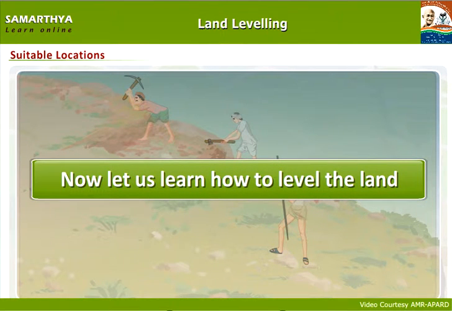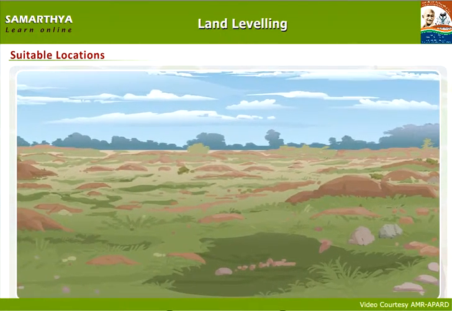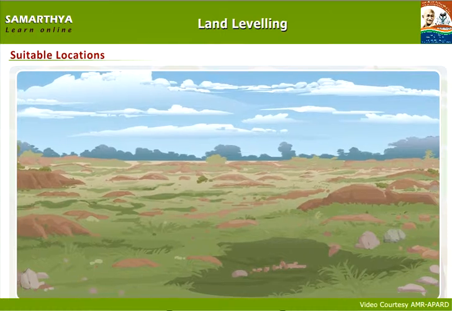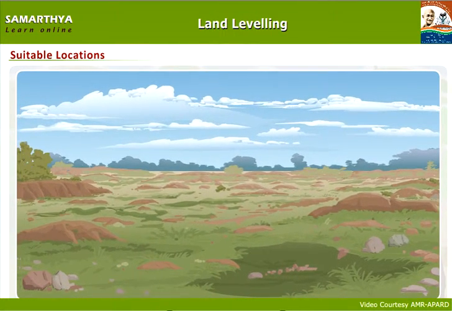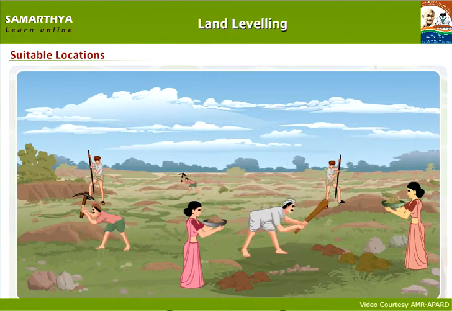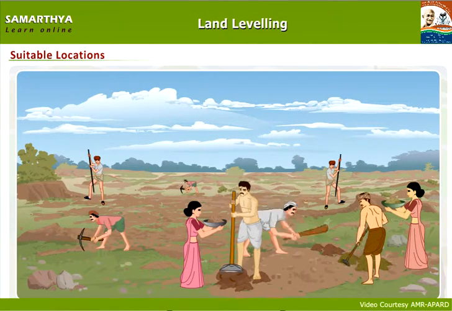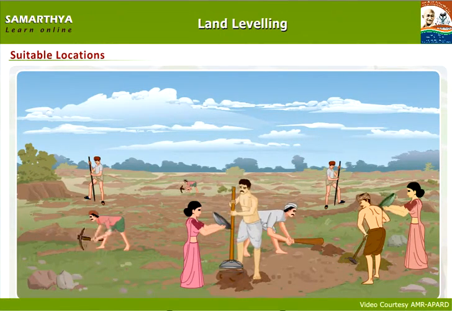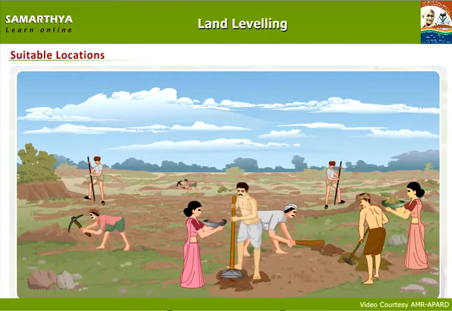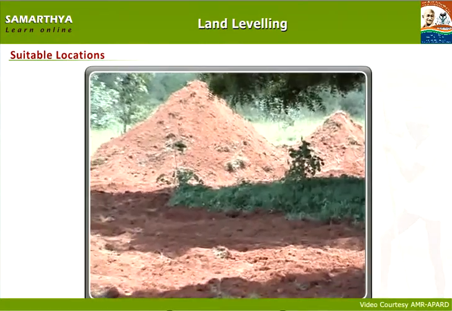Now let's learn about how to level the land. Firstly, as part of leveling these lands, high solid earthen blocks are to be dug and broken into small pieces. The soil so dug out is to be deposited in pits. If the slope of the land is high, then the land has to be made into small land blocks and leveled.